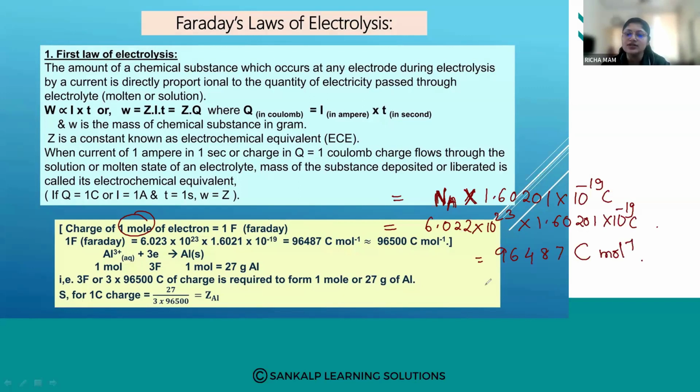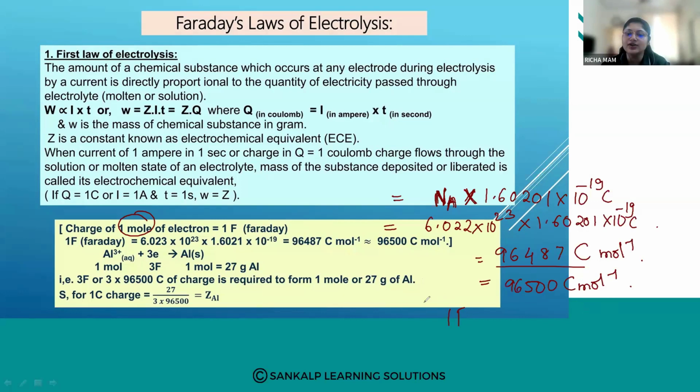This is equal to your Faraday, that is 96,500 coulomb per mole. So the quantity of electricity, the value of 1 Faraday, is 96,500 coulomb per mole.